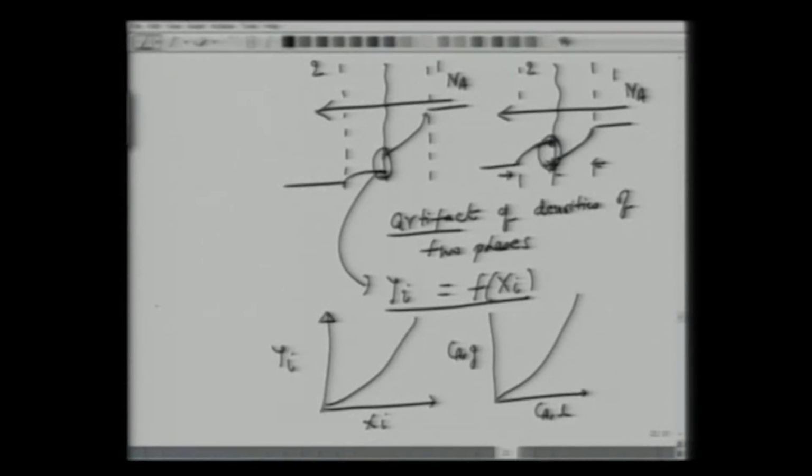Or in case of liquid solid, knowing the concentration in the liquid phase, we can calculate the concentration in the solid phase. So this is called isotherm.